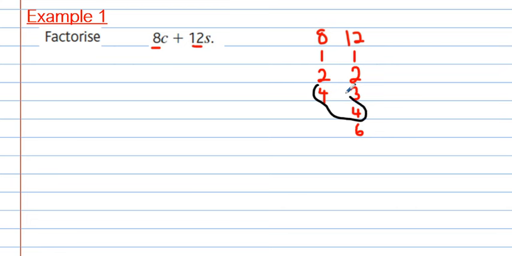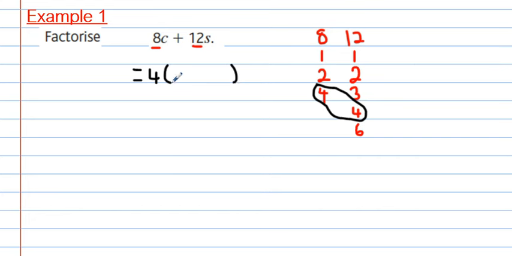So 4 is the highest common factor of 8 and 12. So we put that outside. We are factorizing single brackets, remember? So we need just one bracket.